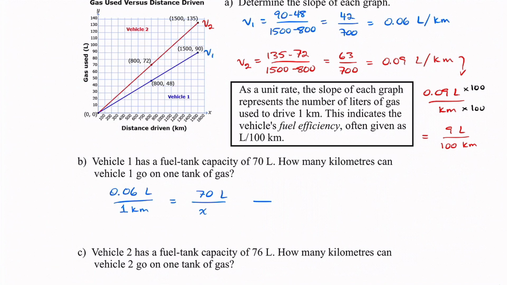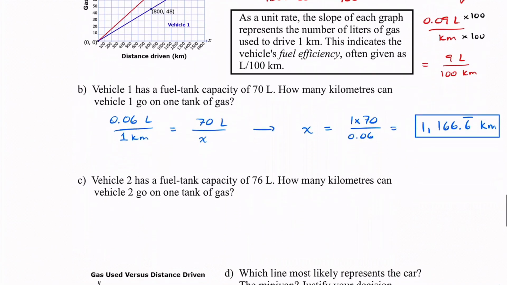So X is equal to, we'll cross multiply these two, 1 times 70, that'll just be 70. And then divide by the number across from the X, which is 0.06. And when we do that, we are going to get 1,166.6 repeating. And then our units, that was kilometers.